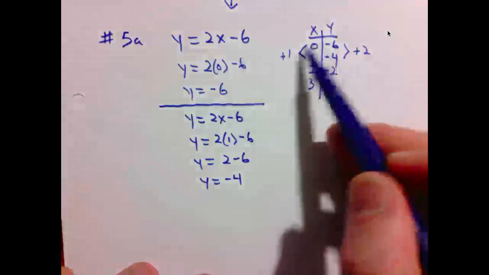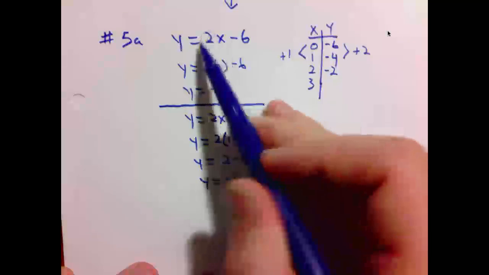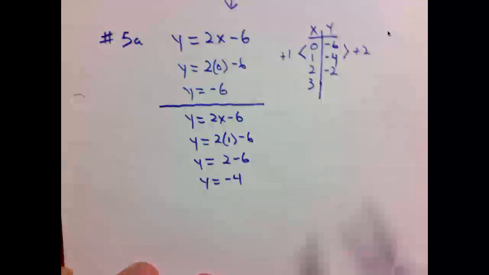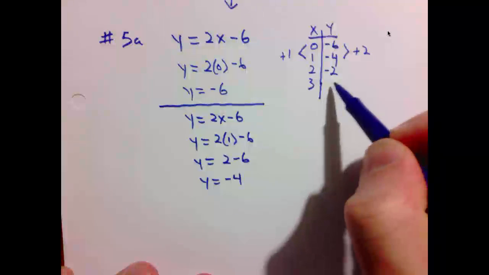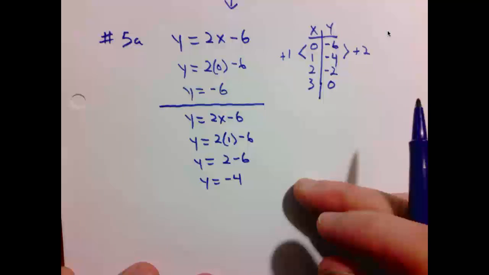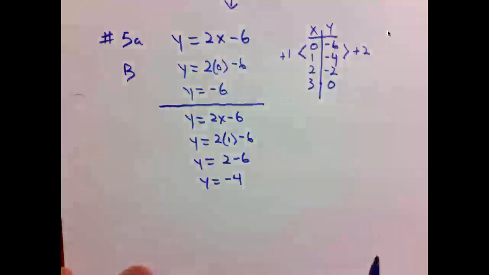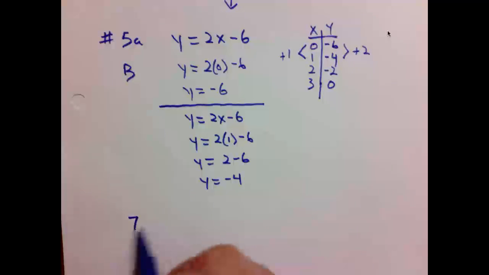So for every 1 our x increases, our y will increase by this multiplier. Thus 3 will pair with 0, and 5A therefore is B.